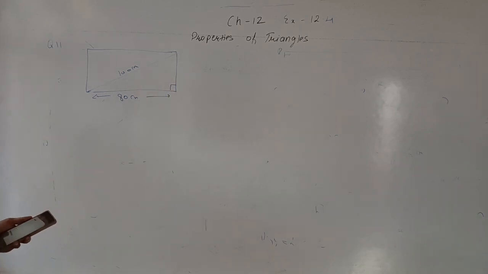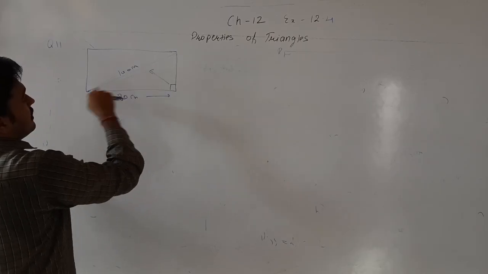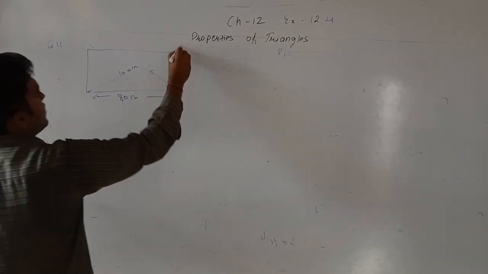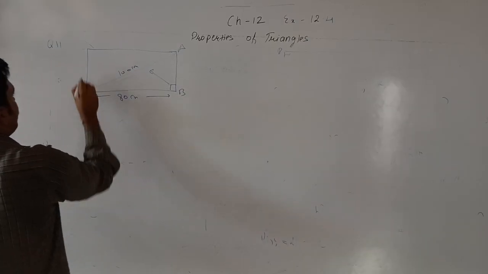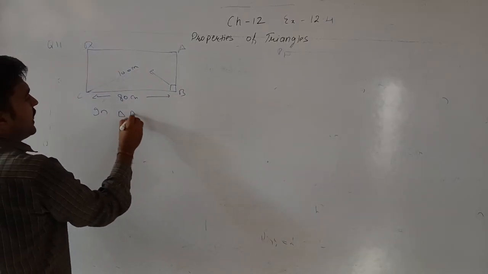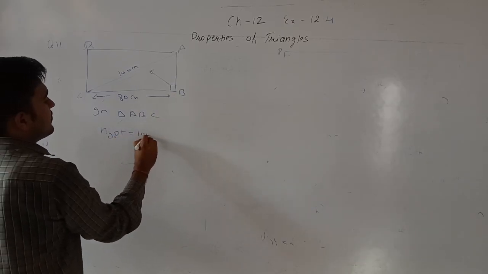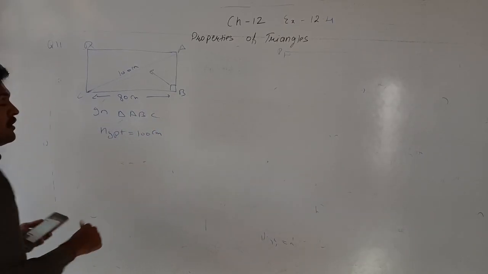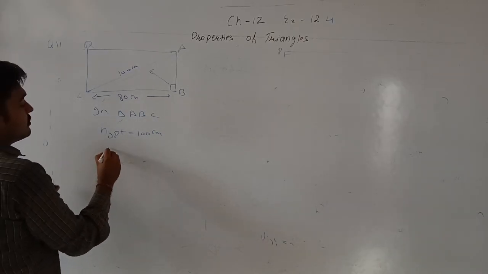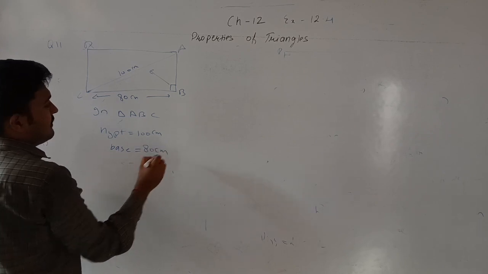As all the vertex angles of a rectangle are 90, 100 centimeter is the hypotenuse, as it is opposite to the right angle of triangle ABC. Therefore in triangle ABC, hypotenuse is equal to 100 centimeter, and base is equal to 80 centimeter.